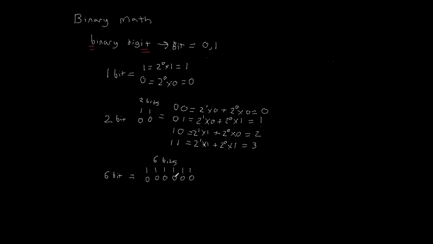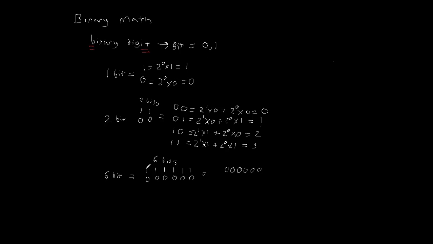And so if we want a 6-bit number to be 0, we would have to do 0, 0, 0, 0, 0, 0. So in a 1-bit, if we wanted the value to be 0, all we had to do is keep track of one piece of information to get 0.